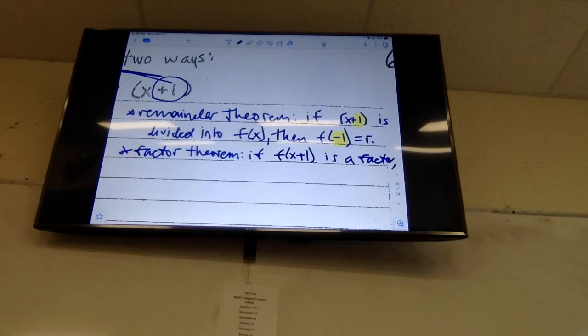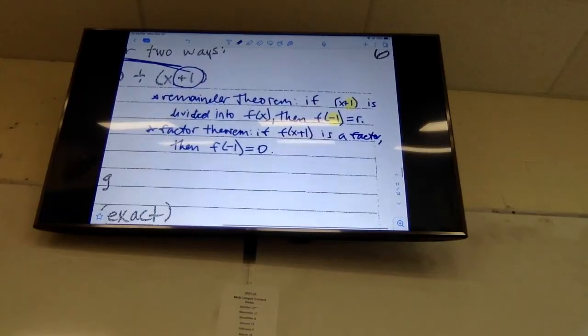So if I plug my -1 in, if it was a factor, I would get out 0. So if we ever have this case where you plug a number in and we get out 0, then we know that that number is a factor. It's a 0. It's the root on my graph.